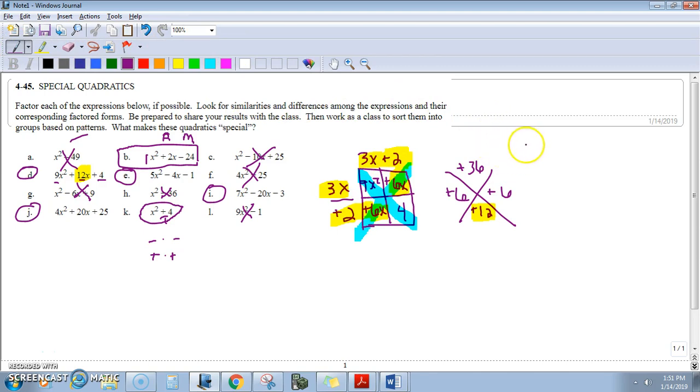They're just 3x plus 2 times 3x plus 2. But remember, since these are exactly the same, we could just write 3x plus 2 squared. Okay? So you're always going to be able to have a perfect square there.